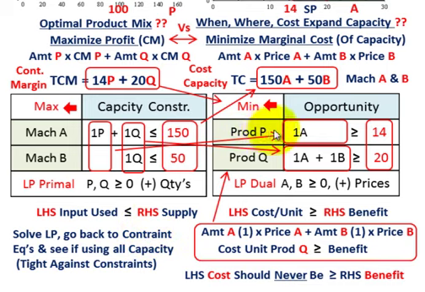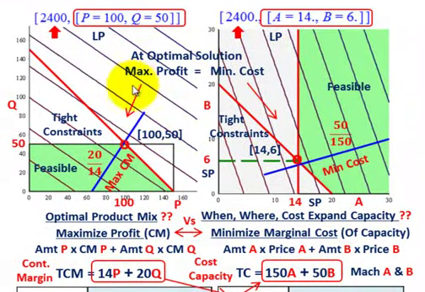Okay, so let's go up here, and I've solved this, and I've got it shown in these plots. Two-dimensional plots. That's why we reduced that problem from 4 variables down to 2 variables so we could see it. So this is our optimal solution. Our maximization problem, the maximization of our profit, is shown here, and our minimization, the cost, is shown here.